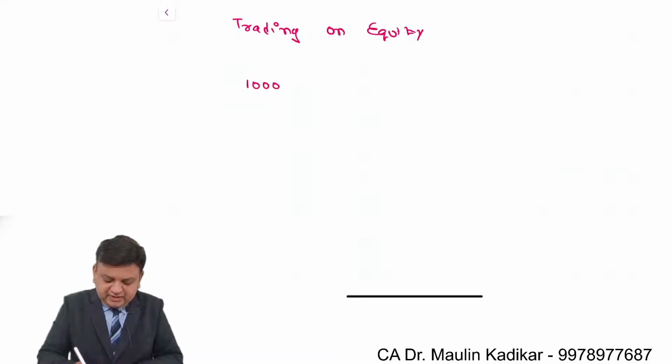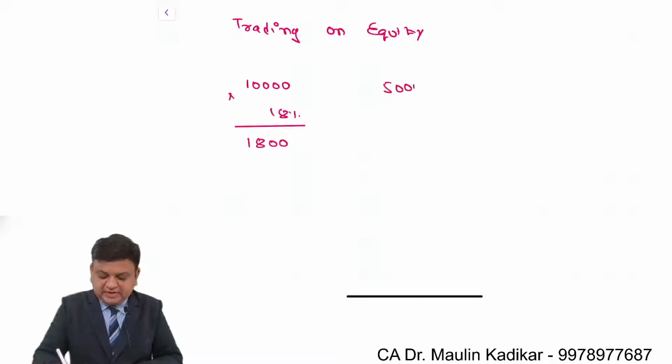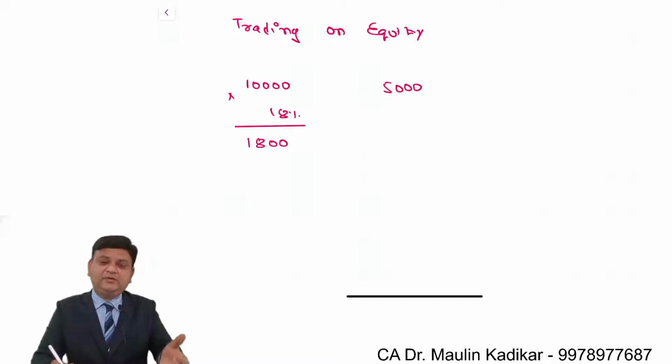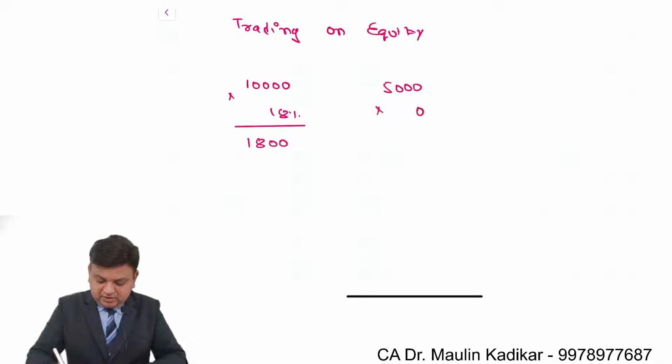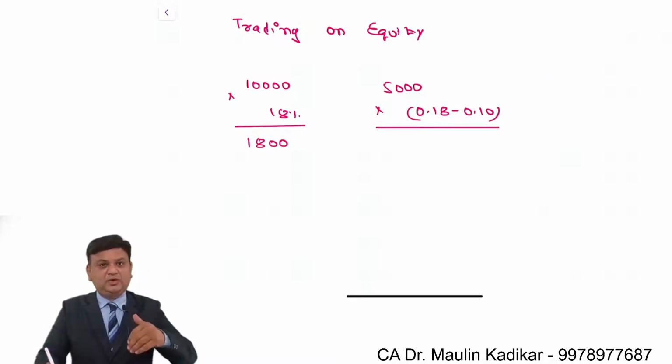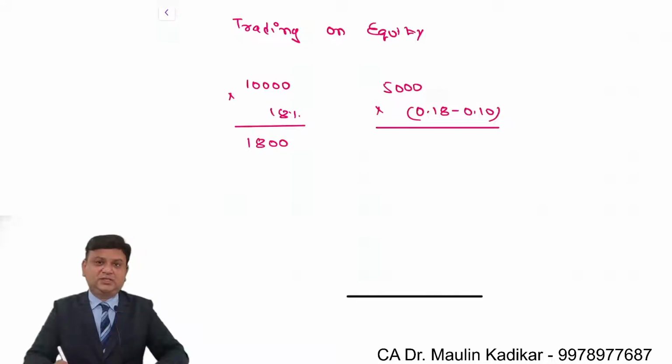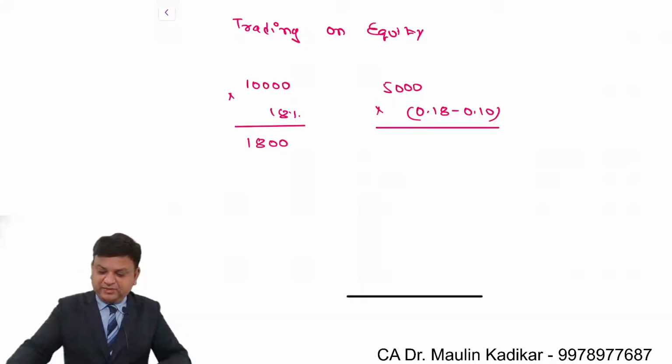You had an amount of 10,000. On that, say you were earning at the rate of 18%. So your income was rupees 1,800. On this 5,000 rupees of additional investment that you have made, the rate at which you are able to earn is 18%. However, your cost of capital is 10%, because you are borrowing at the risk-free rate of interest. So you get a surplus of 8%.